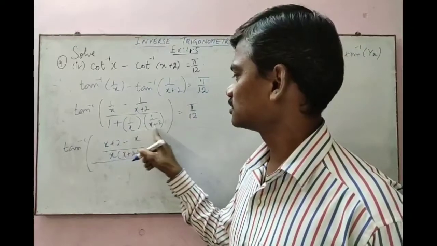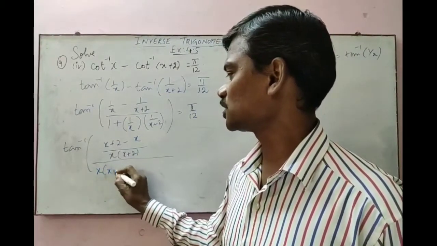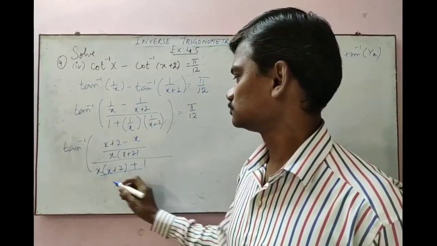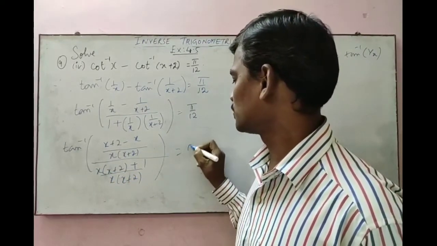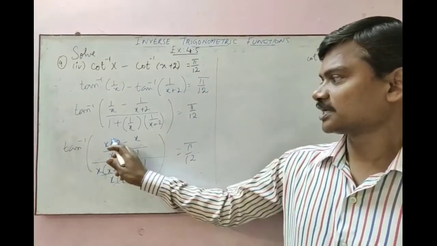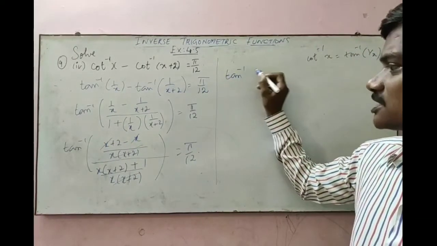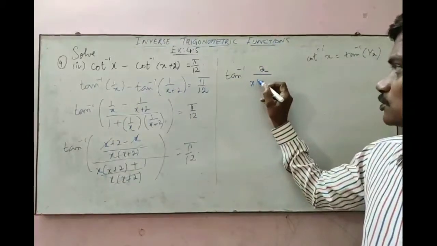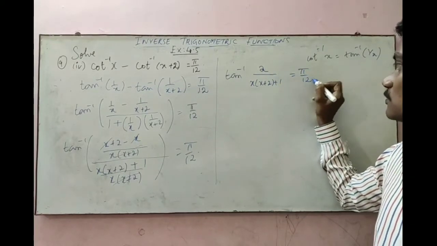Then whole divided by, here you have to multiply those two values, you will get 1 into 1 gives 1, by x into (x plus 2), equal to pi by 12. The common denominator gets cancelled. Here x and minus x get cancelled. You will get the answer as tan inverse of 2 by (x into (x plus 2) plus 1) equal to pi by 12.